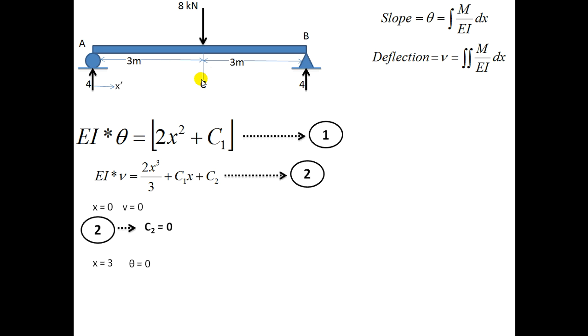And at the midpoint, here is another boundary condition, which is at the midpoint where the load is acting. Here this load is acting at the center, so at the center the slope will be 0. The center distance is 3 meters from here, so putting x equal to 3 in the first equation, and delta is equal to 0 because the slope at that point is equal to 0, I will get C1 is equal to minus 18.